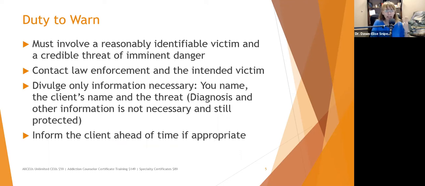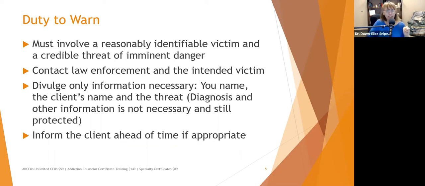So those are three criteria that it has to meet before we can breach confidentiality. Reasonably identifiable victim, a credible threat, not just a passing, offhanded comment, and imminent danger. Something's going to happen very, very soon, not 6 months from now or a year from now.